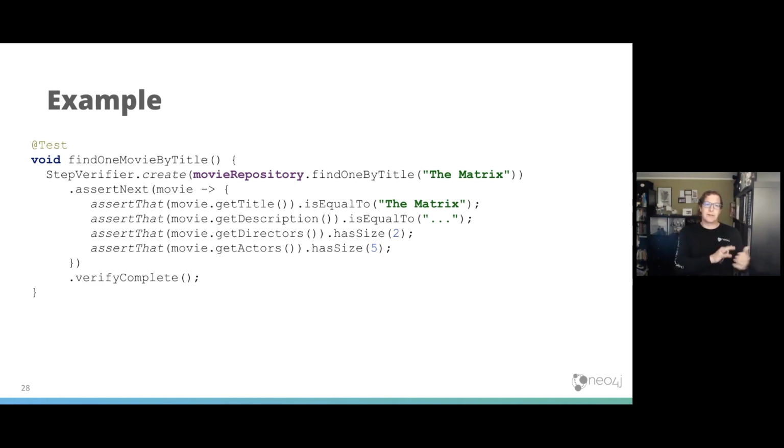So we create the StepVerifier around this. It's provided by Project Reactor Test and can then finalize, say, verifyComplete. So we have the whole assertion chain. Every assert will get triggered, and verifyComplete makes sure that the stream of signals ends. And we have a green test.